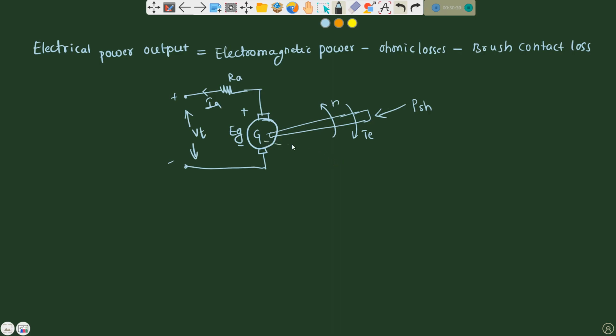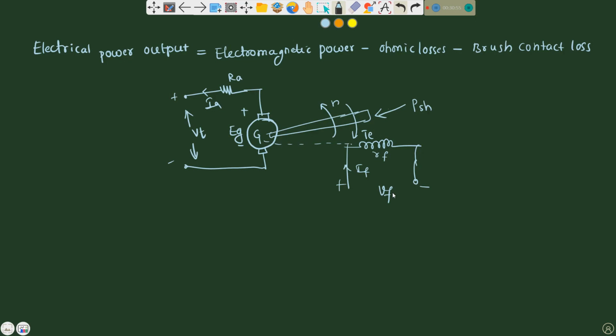So here, this is what field resistance. So this is what field current, plus and minus. You will be getting a field voltage.